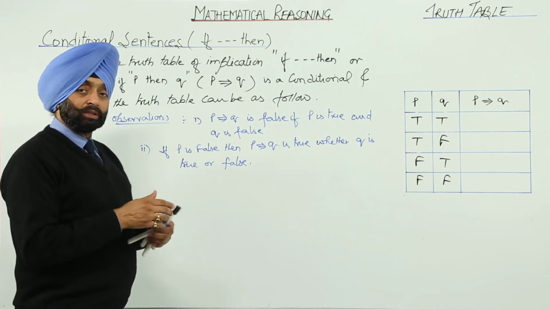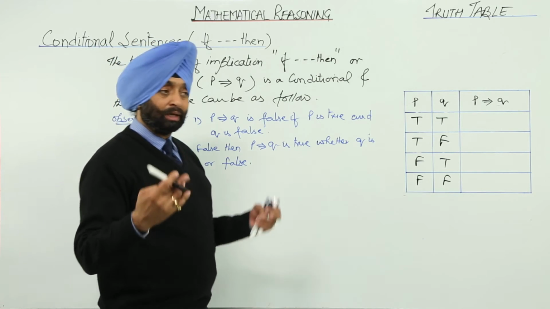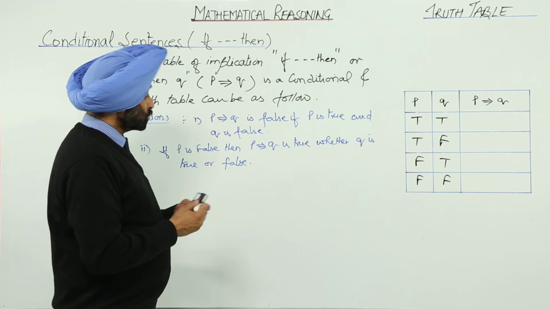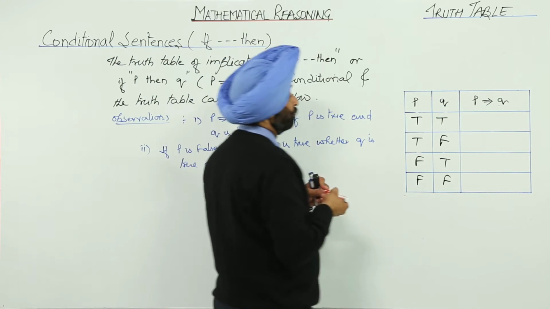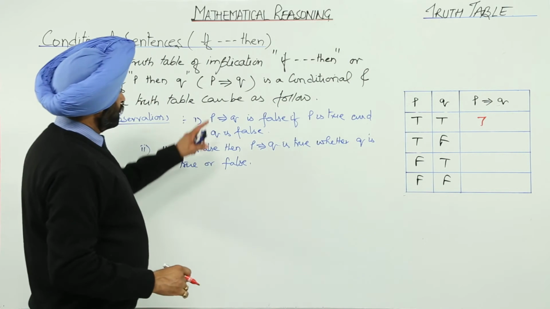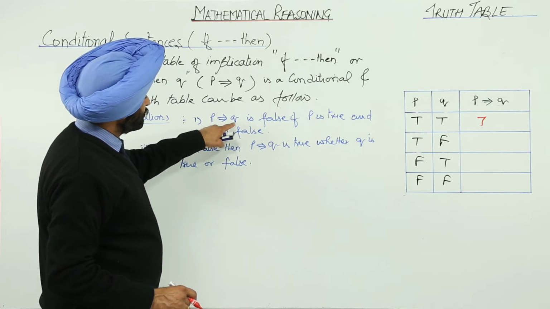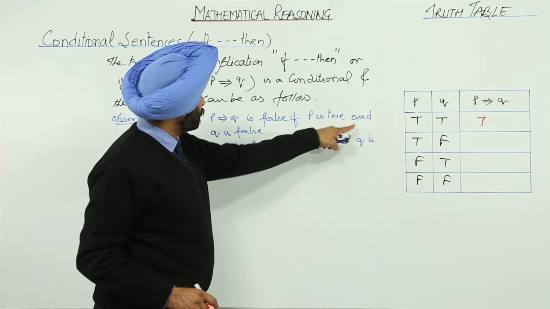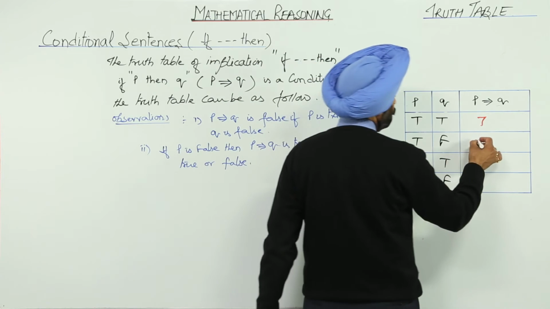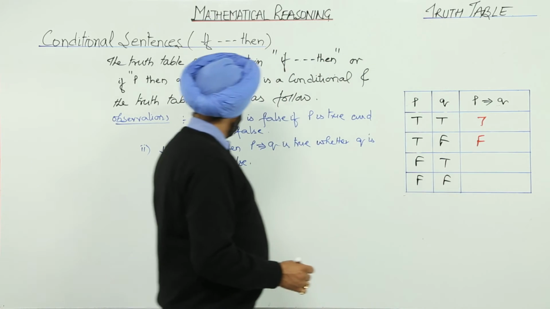Now, the first thing: if both are true, then the truth value of the sentence will be true itself. So for the first part, if both are true, it is true. Second case, P implies Q is false if P is true and Q is false, so this will be false.